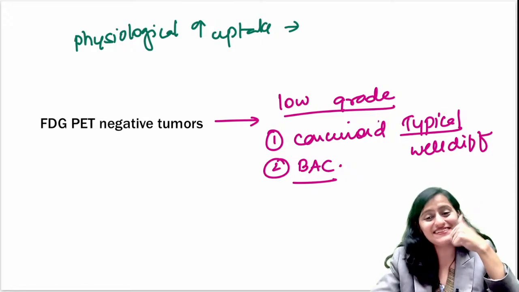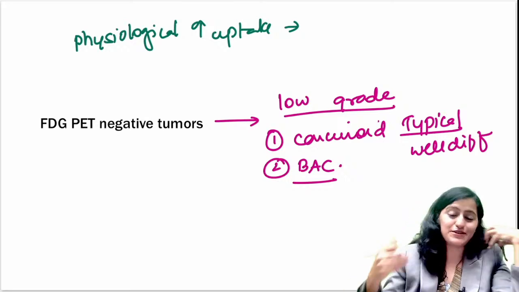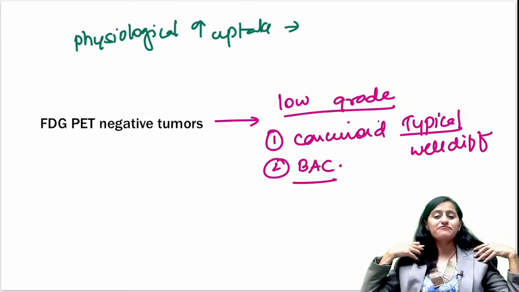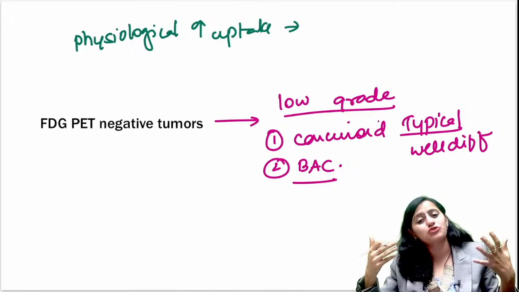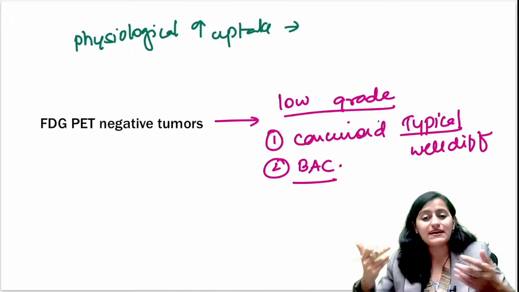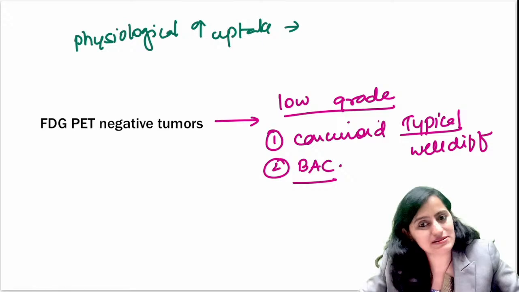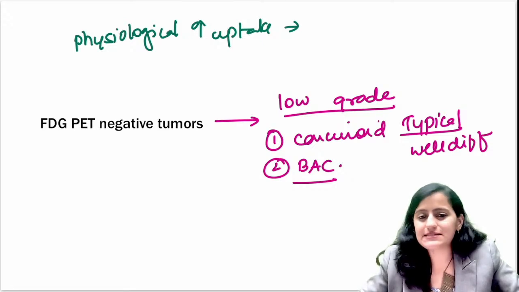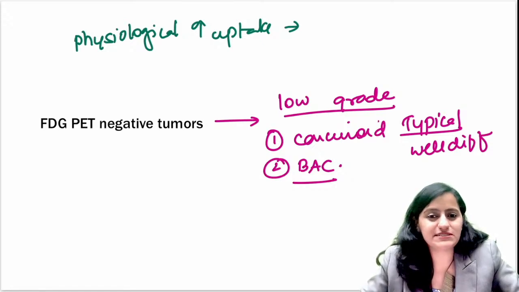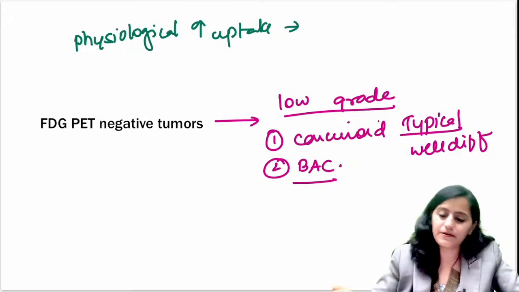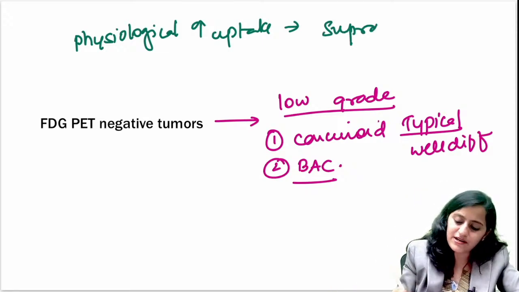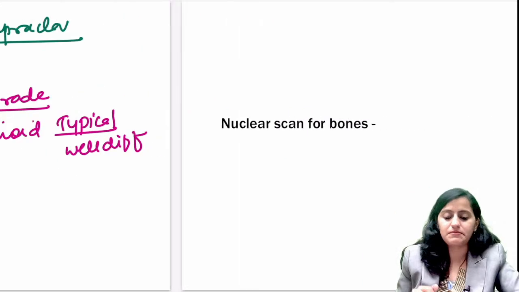Okay, where else? Very good. The supraclavicular brown fat here. If you see bilateral supraclavicular increased uptake, it's normal, right? If it is on one side, then you are worried, but if it is bilateral, then it is okay. So brain, supraclavicular region, even the kidney, because it is getting excreted by the kidney, the urinary tract, right? The kidney, the bladder. So remember, supraclavicular is something that you should remember.